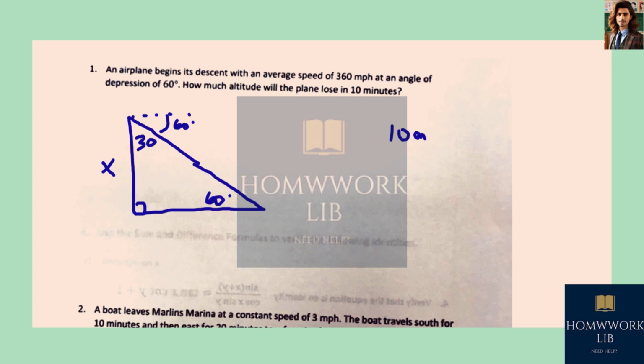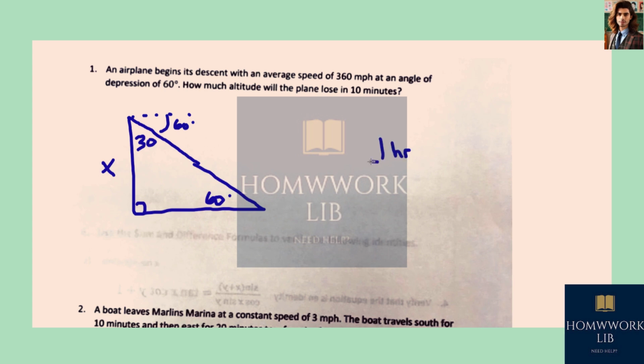Let me do it this way. If it's 360 miles per hour, and we're multiplying, and it's going for 10 minutes, let's think about the conversion here.